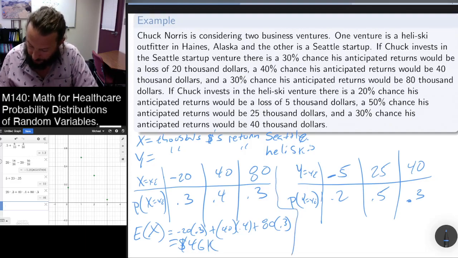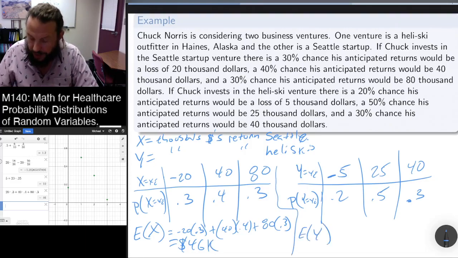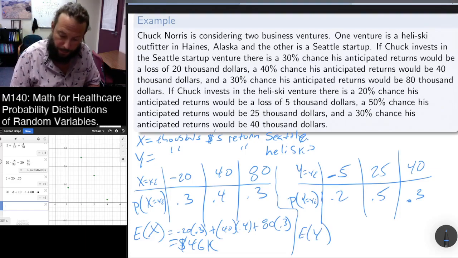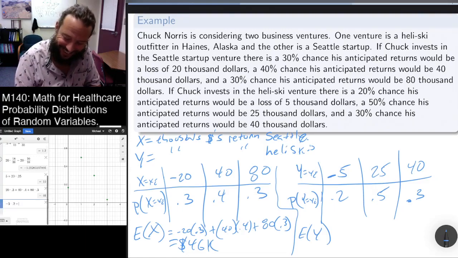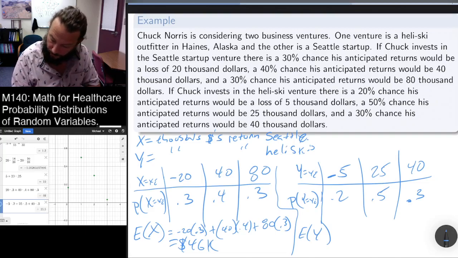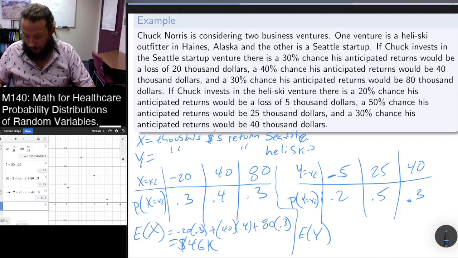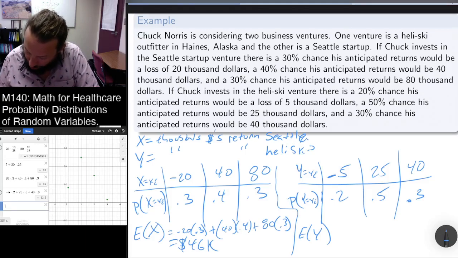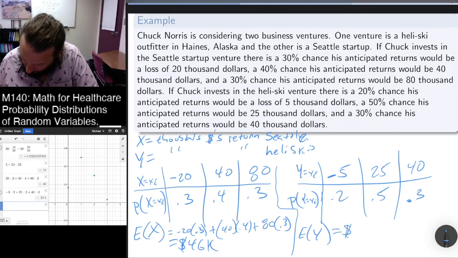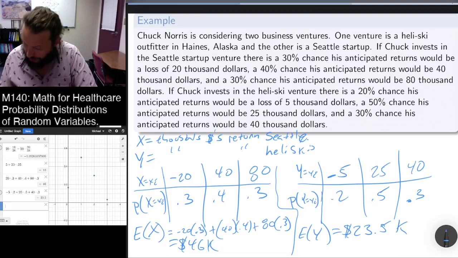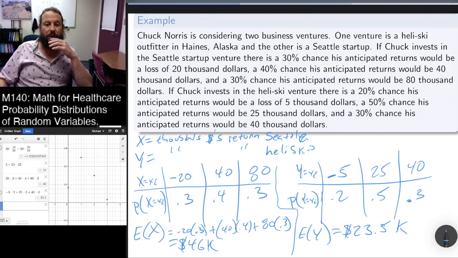And now for the expected value of Y, I'm not going to write it all out. I'm just going to calculate it. Hopefully I do it right. You should write it all out. Expected value of Y comes out to be $23.5 thousand or $23,500.